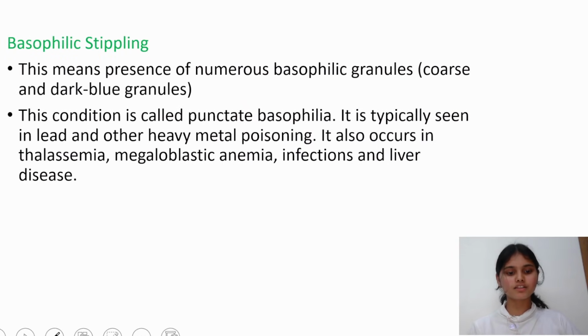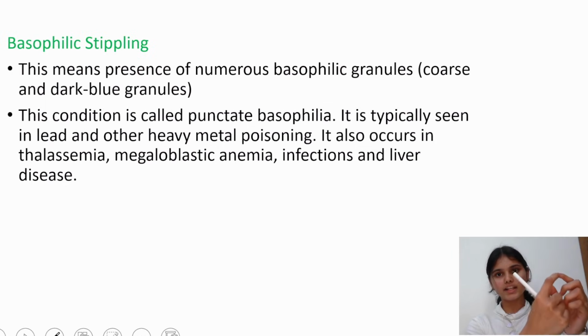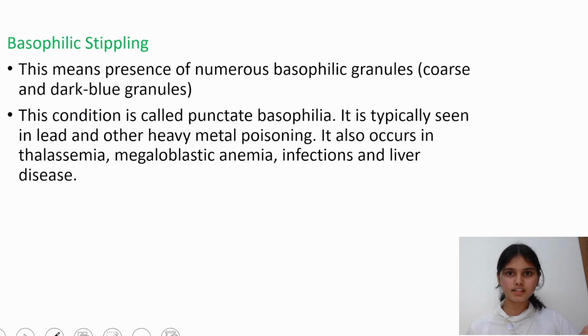But in megaloblastic anemia, while the RBC is getting converted into a mature RBC, sometimes due to defects or abnormalities, the RBC does not convert. It remains juvenile, due to which it has a huge shape. That is why we call it megaloblastic anemia. Mega, very big shape. So in megaloblastic anemia, infections, liver disease, lead, and other heavy metal poisoning, you will see a high amount of granules present in the RBCs. That is known as basophilic stippling.